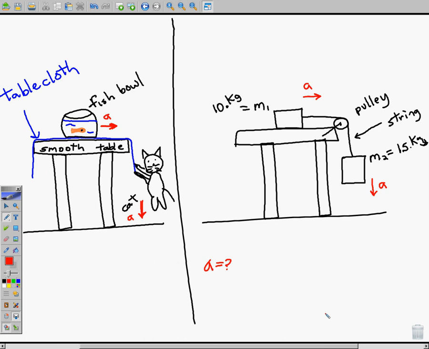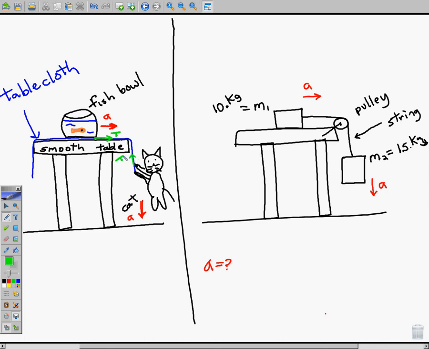The other thing we're usually asked to find is the tension in the tablecloth, which corresponds to the tension in the string. When this cat pulls on the tablecloth, it pulls the bowl over, so there's a certain tension in that tablecloth. That same tension is going to be holding the cat up.